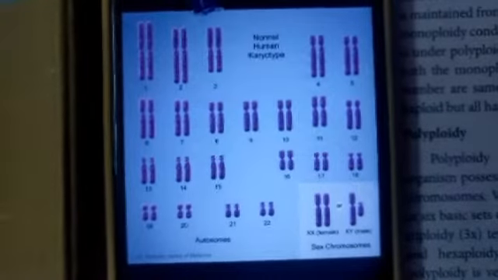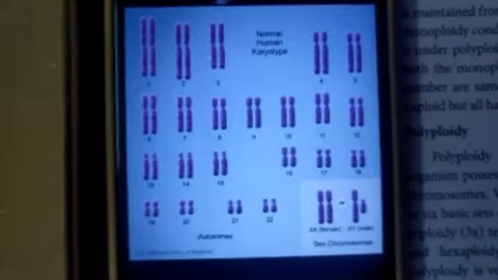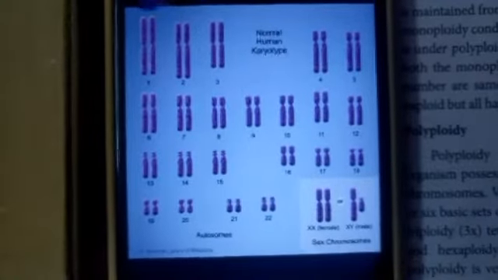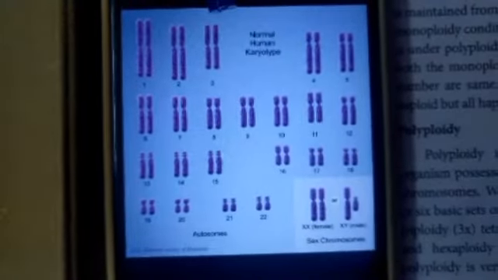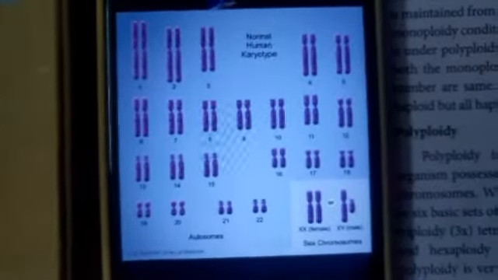The genetic makeup of organisms is responsible for the determination of characters.